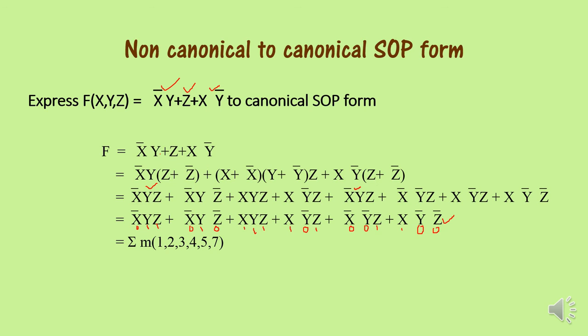So this is the canonical SOP form. But in the original function, terms are missing. So this is a non-canonical SOP form. So in this way we can easily convert a non-canonical to canonical SOP form.